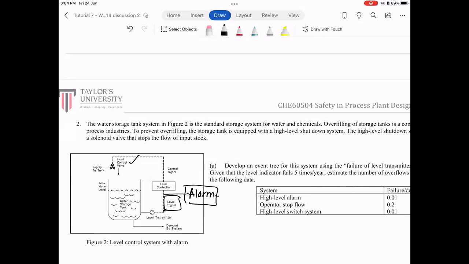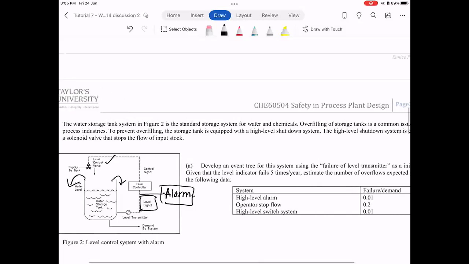Okay, so we want to know how often do we have a potential overflow case? Given that we have a failure here, the level indicator fails 5 times a year, meaning the indicator, most likely I will assume, is this level transmitter here.